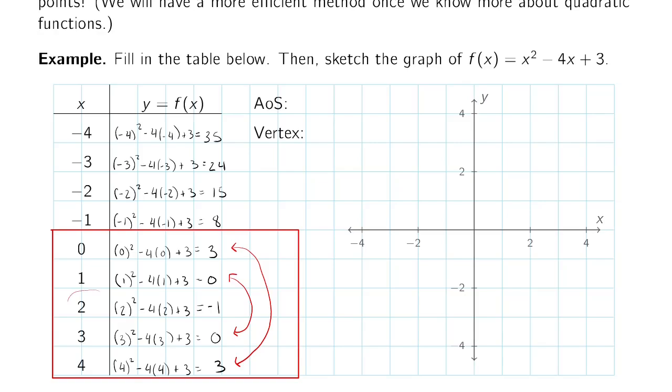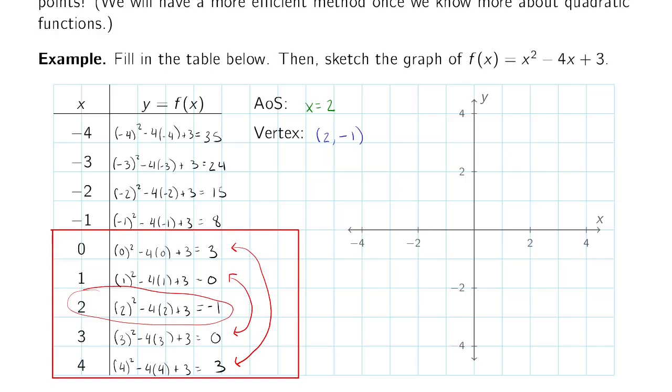Our vertex is going to be halfway in between there. So according to our table anyway, our axis of symmetry is going to be the line x equals 2. And our vertex is going to be the point 2, comma, negative 1.